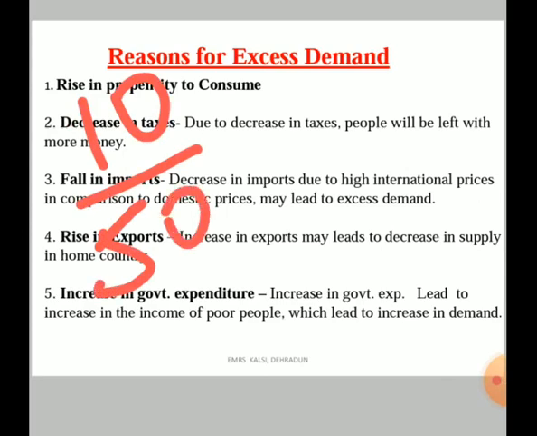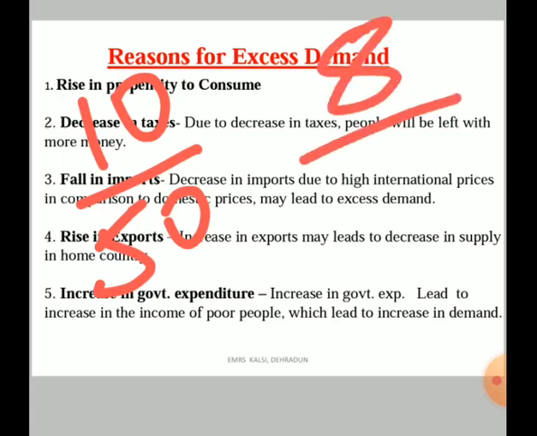Now because of high international prices, any country, whether India or any other, will reduce the import. Say we reduce the import from 10 to 8 barrels, but demand is still the same. Demand will not decrease.